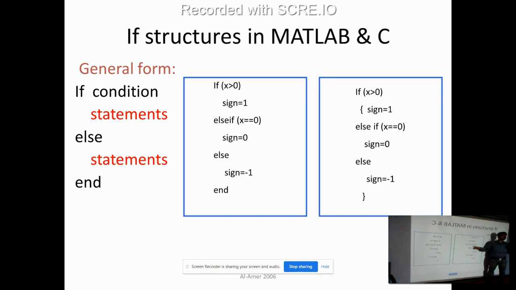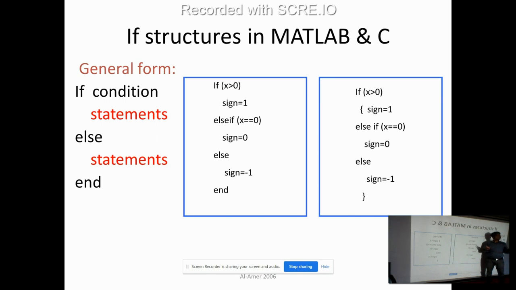You should be very clear in distinguishing the syntax in C and MATLAB. There is a space in C language. There is no space in MATLAB. Fine. One more difference. Always in an if statement in C, there will be an opening, there will be a closing. In MATLAB, there won't be any opening, closing, but there will always be an end statement.